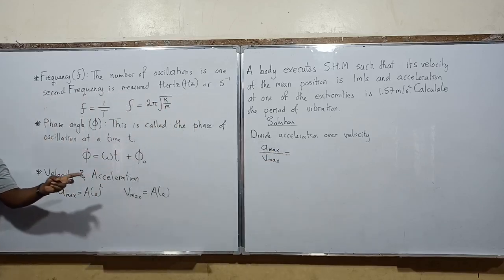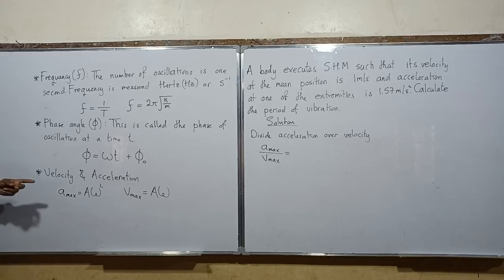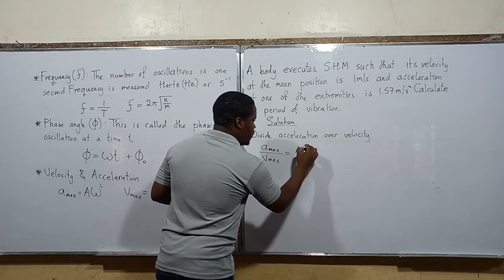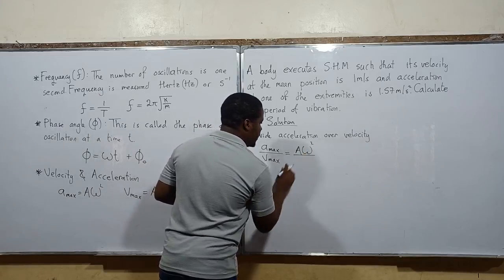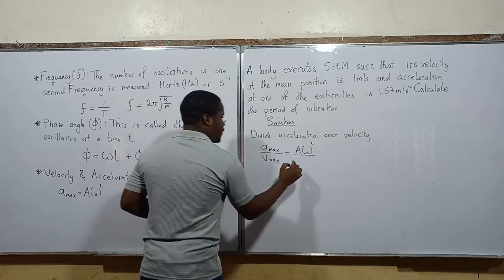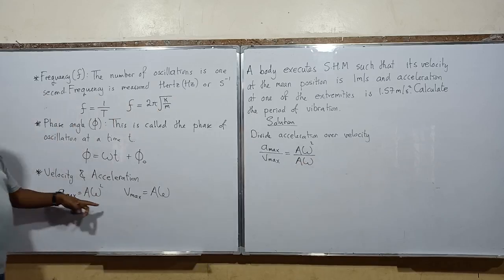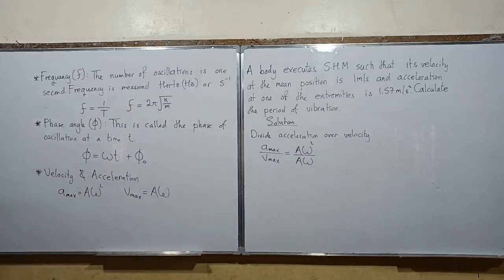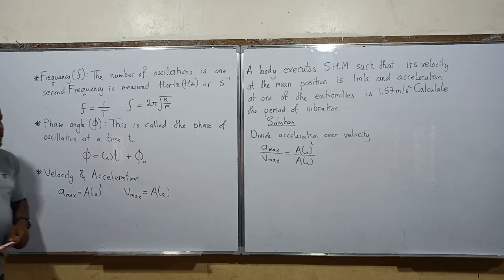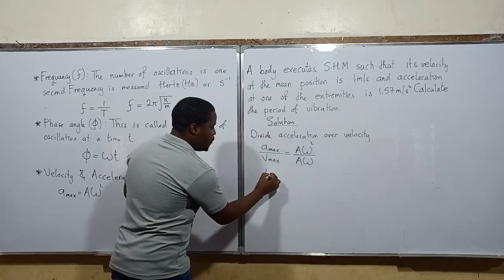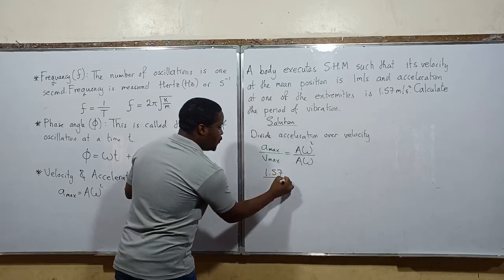What's the formula for acceleration? It's A omega squared, divided by the other one, which is A omega, according to the expressions we have already. Now let's substitute the values. Acceleration given in the question is 1.57.